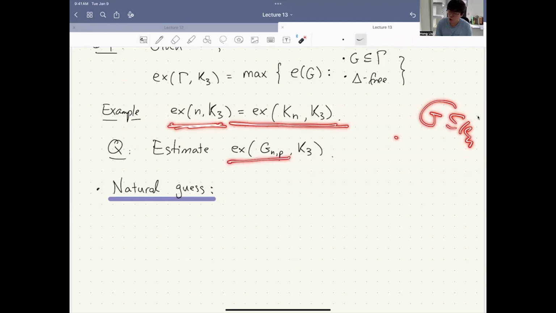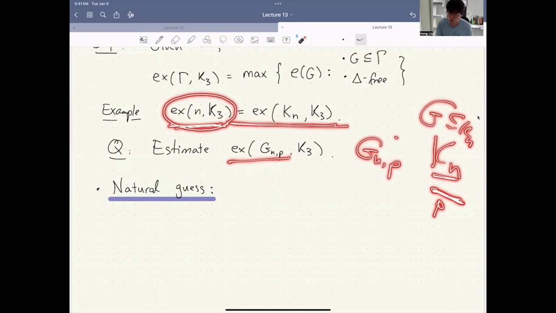But now our host graph is not K_n anymore. It's G(n,p), meaning that every edge of K_n is retained with probability p. So a natural guess would be that every edge in the maximal graph is also retained with probability p.